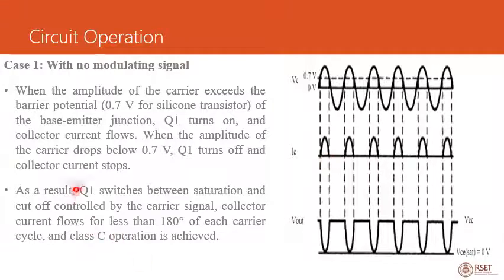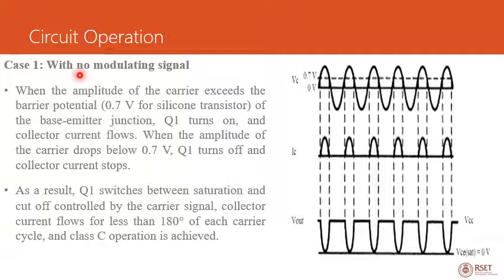So your Q1 switches between saturation and cutoff, which is controlled by the carrier signal given to the base of the transistor, and the collector current flows for less than 180 degrees of each carrier cycle, and class C operation is achieved. At the output, your output waveform will be shifted 180 degrees. So this is case 1.